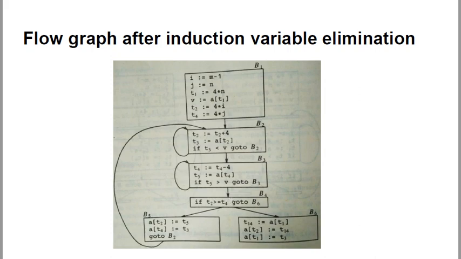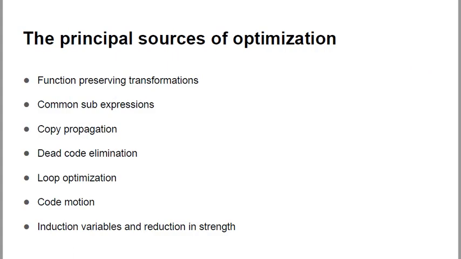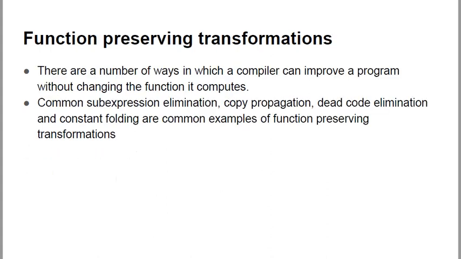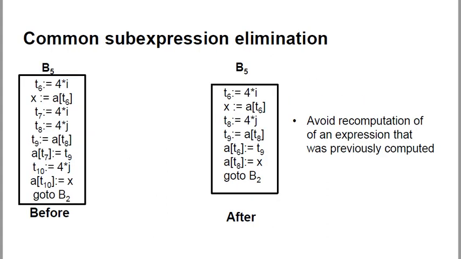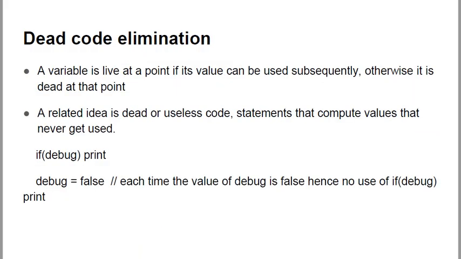First, what we have learned is the principal sources of optimization. They are mainly the function preserving transformations and the loop optimizations. Function preserving transformations deal with common sub-expression elimination, copy propagation and dead code elimination.